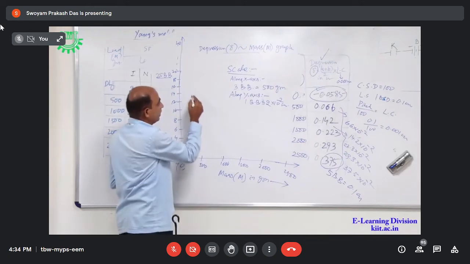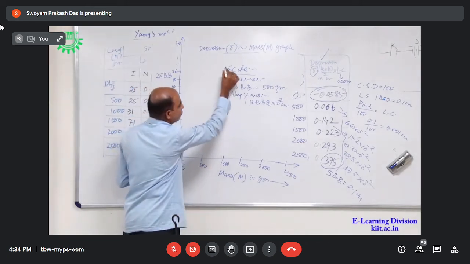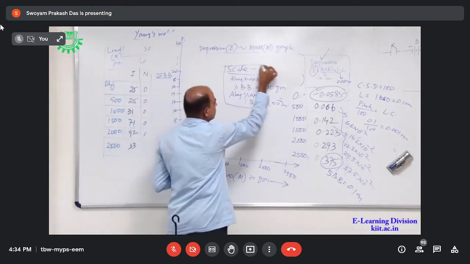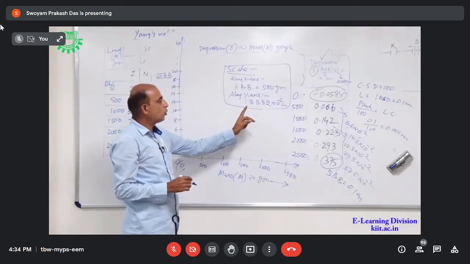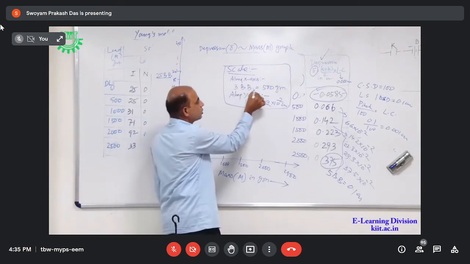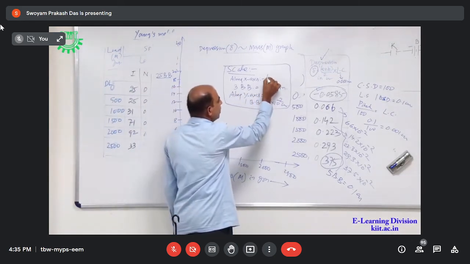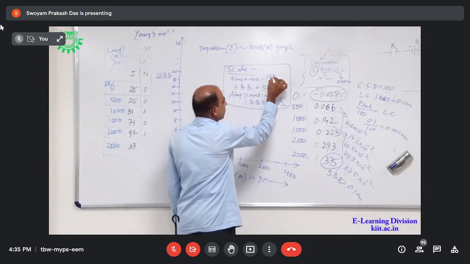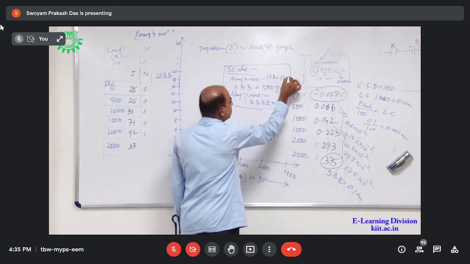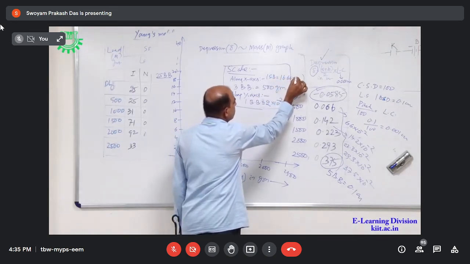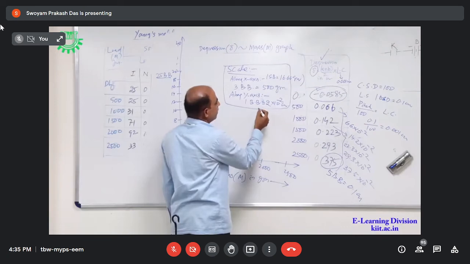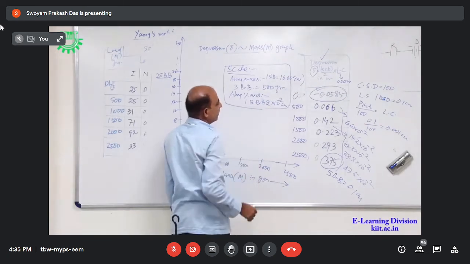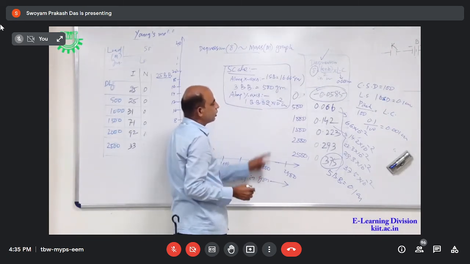After we mention the scale properly at the extreme right top corner of the graph sheet, we will plot the graph. Here 3 big boxes are 500 gram. So one small box gives 16.66 gram. Similarly, dividing by 10, 0.2 into 10 to the power minus 2.